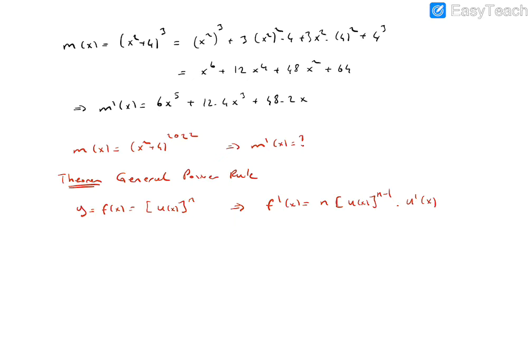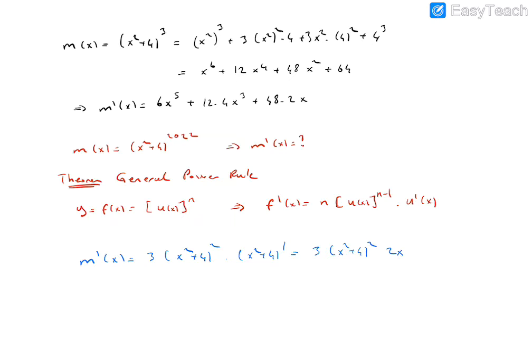If we apply this rule to the m of x function, the derivative of m of x is 3 times x squared plus 4 to the power 2 times the derivative of x squared plus 4. So this is 2x. As you see, you can calculate that derivative easily.